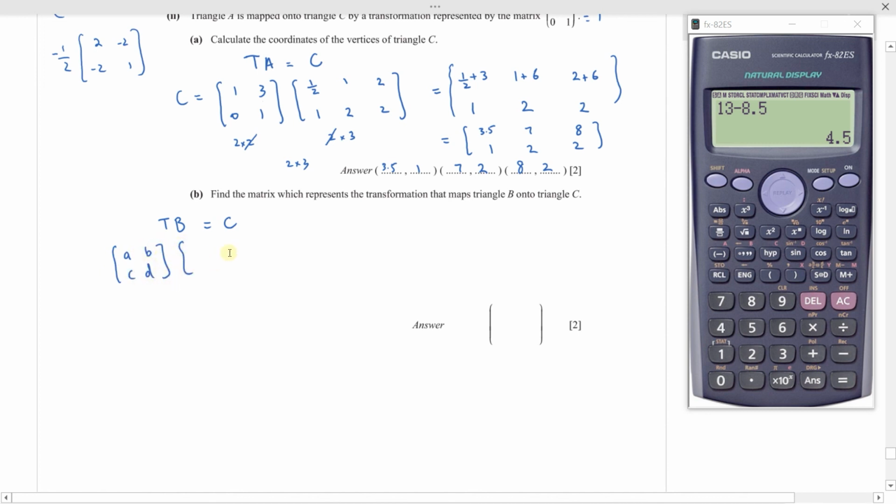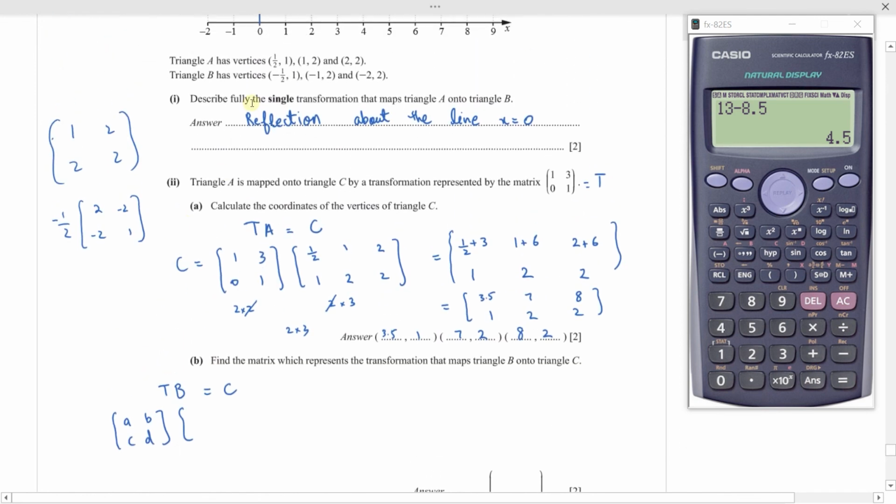I can write the matrix for triangle B. The coordinates are given here, so this will be (-1/2, 1), then (-1, 2) and (-2, 2). And the coordinates of C are these: (3.5, 1), (7, 2), and (8, 2).